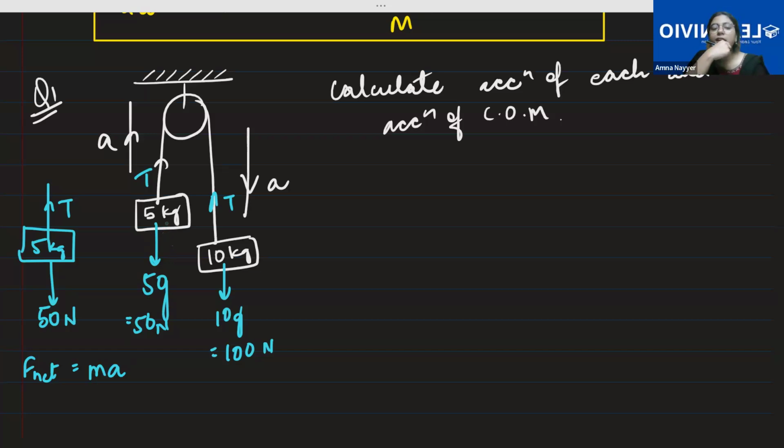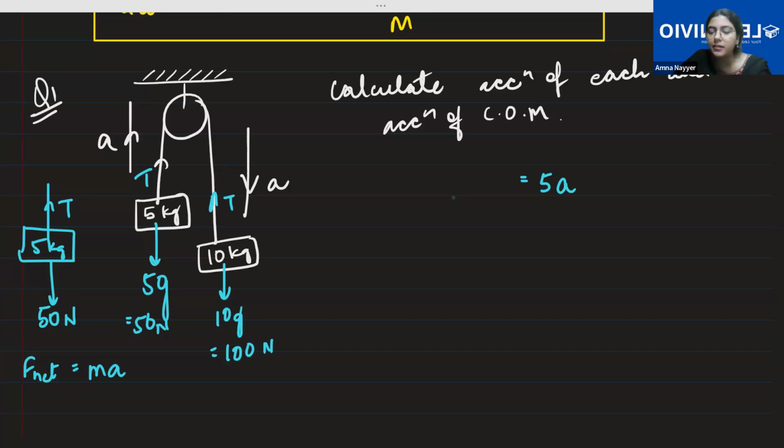What is the mass here, Mariam? 5 gram. 5 kg. Oh, 5 kilograms, sorry. g means acceleration due to gravity, it is not the gram one, okay? So this is 5. Okay, acceleration is a. Is this clear? This part of the equation will be 5 into a, right? ma, 5a.